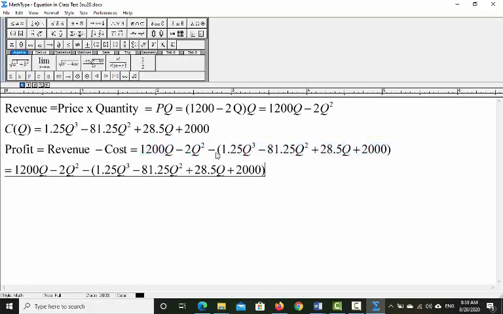As you can see, there is a minus, and this minus will be multiplied by everything inside. So the sign of everything inside the bracket will change. This one will become minus, this one will become minus, and this one will become plus.